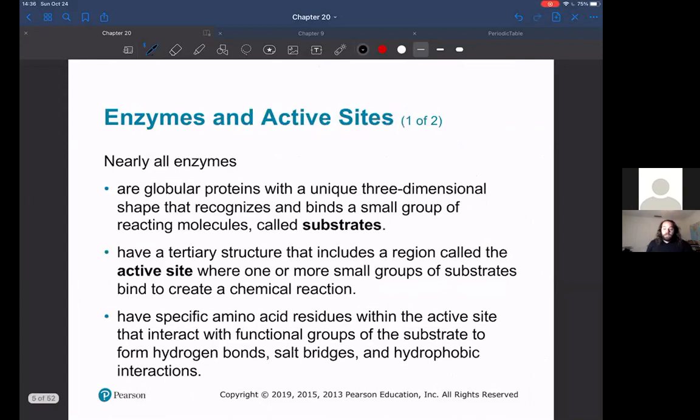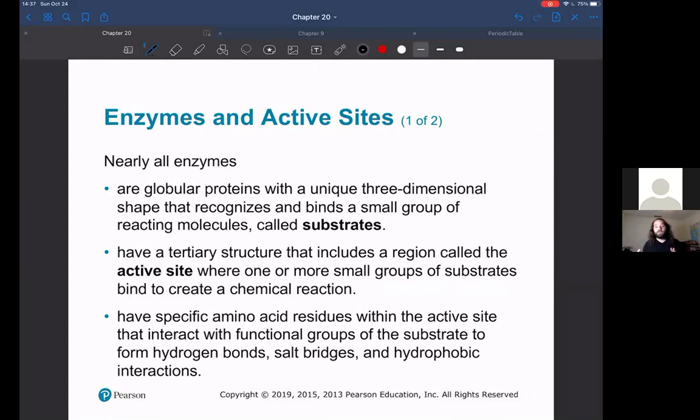Okay, so all enzymes catalyze chemical reactions in the cell. That's what an enzyme does. Generally speaking, most enzymes are globular proteins that have unique three-dimensional structures. So the difference between every different enzyme is going to first be that primary sequence, that polypeptide chain, but then importantly, those fold differently to create unique three-dimensional structures.